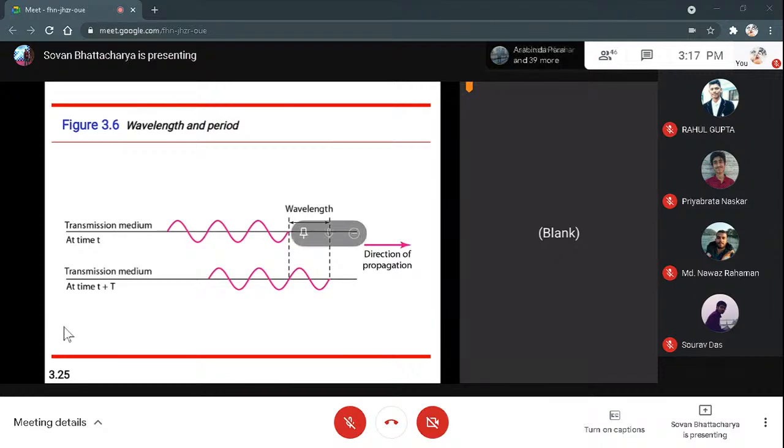The wavelength starts from time t, and the next period will be t plus T. So one wavelength lies within the time period.